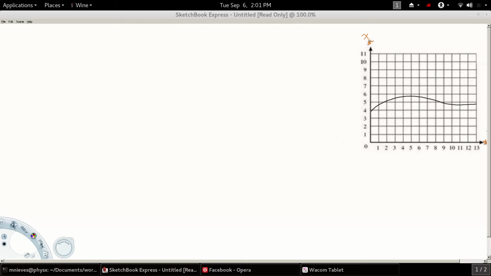So now let's say here, what is the rate of change between there and here? Okay, so that's better. Now how would we find the area between these 2 points? A is equal to 3 and B is equal to 10.